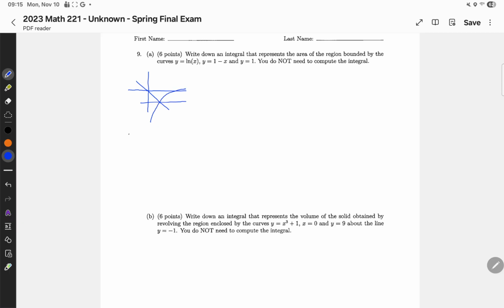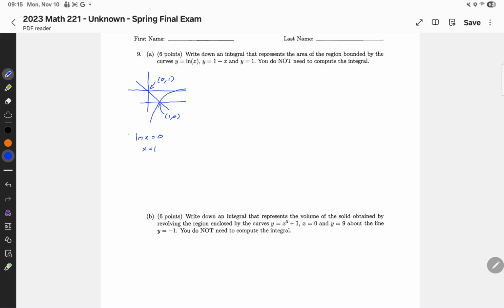And so we know that ln of x, right, y equals ln of x, that is going to be equal to 0 when x is equal to 1, right? So we have the point 1, 0 right here. Let's see, when do these 2 points intersect? Well, y equals 1 is kind of going to tell you that. So we know it's x equals 0, y equals 1.